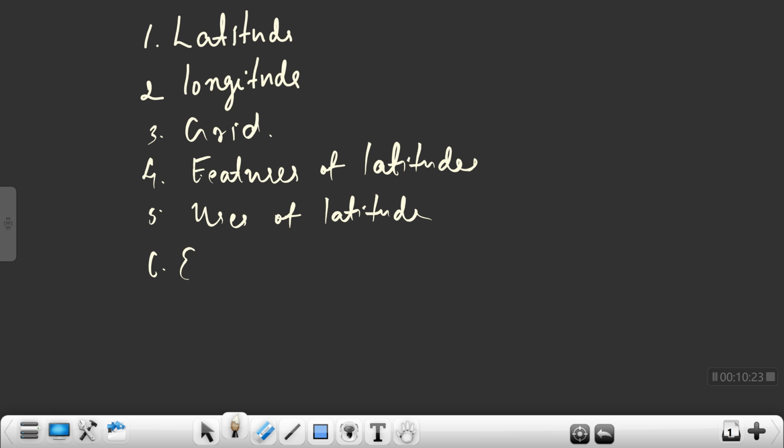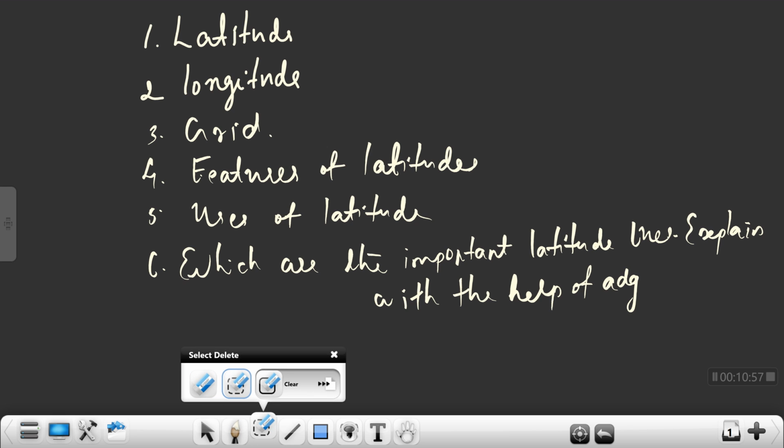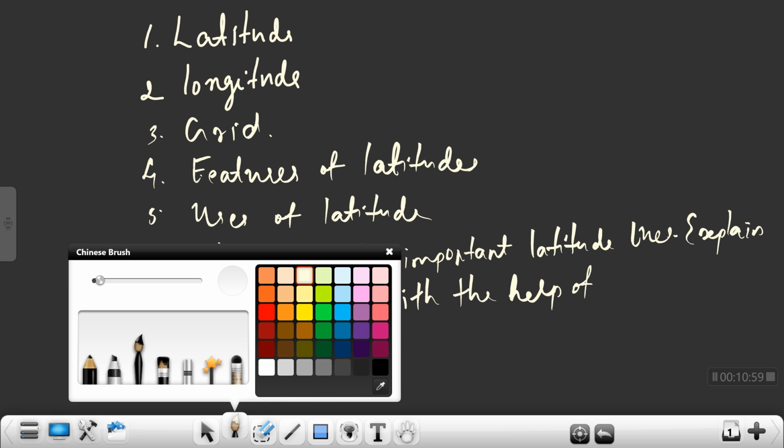And sixth one, which are the important latitude lines? Explain with the help of a diagram.